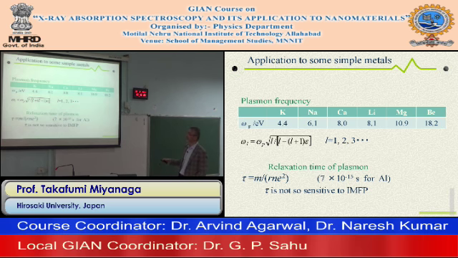The relaxation time of the plasmon is, for example, calculated on these orders for aluminum. We checked these parameters for several nanoparticles. It is not so sensitive to the mean free path. Plasmon excitation from the bulk covers a wide energy range, from potassium at 4.4 to beryllium at about 18 electron volts.